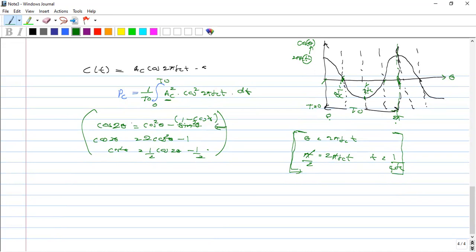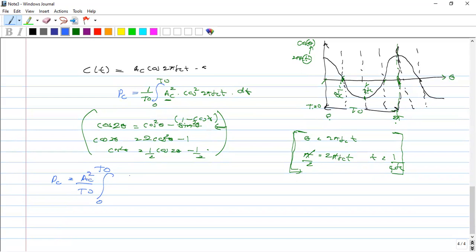Okay, so I use this here. So PC, I have 1 by T naught, 0 to T naught. Here I have AC square, so I will take it out.